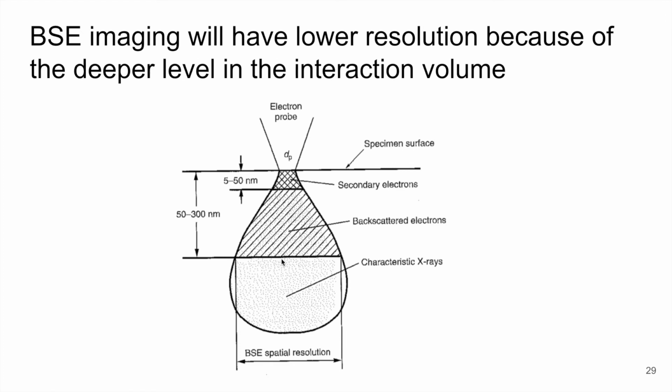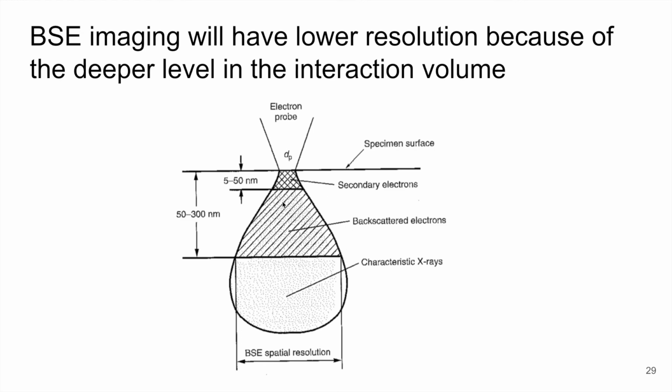What that means is that they also have a lower resolution. The reason I can say that is that if these electrons come from a larger depth, that also means that they come from a wider region of the material, right? Not just the narrow little region that the secondary electrons came from, but this whole region.